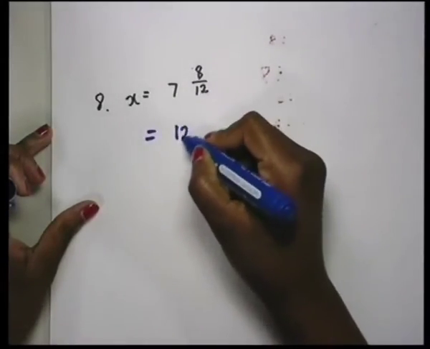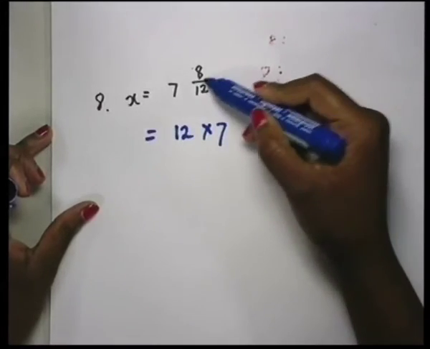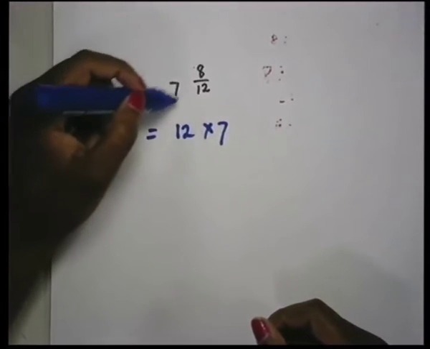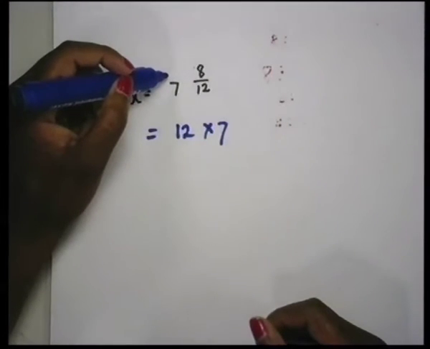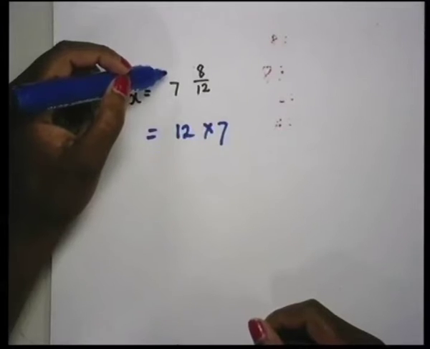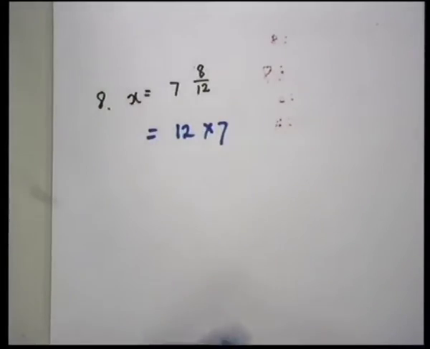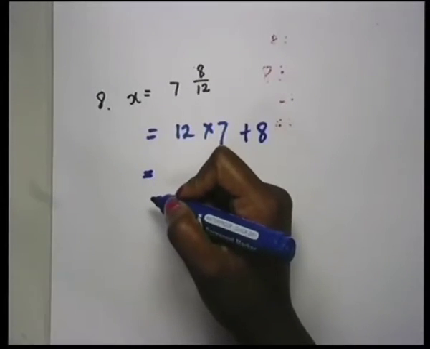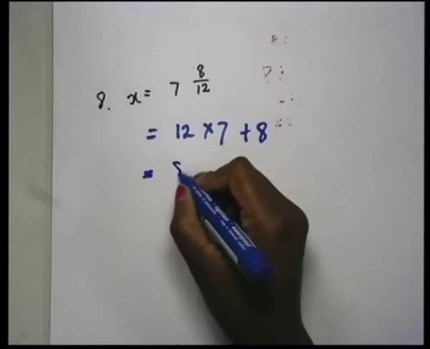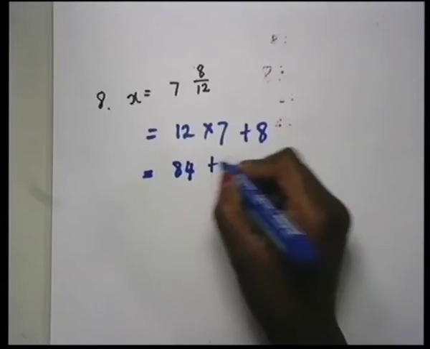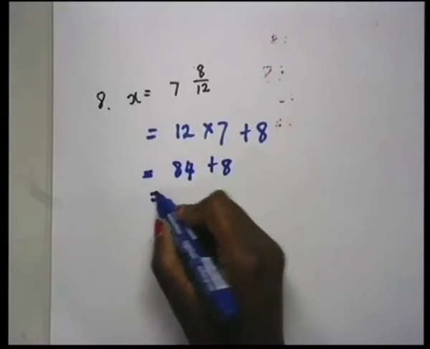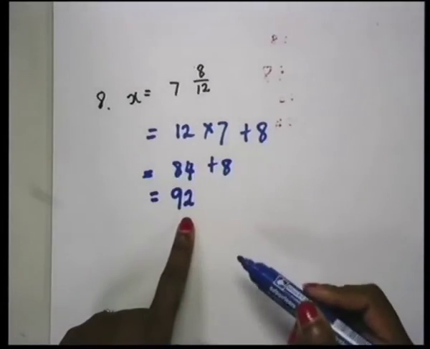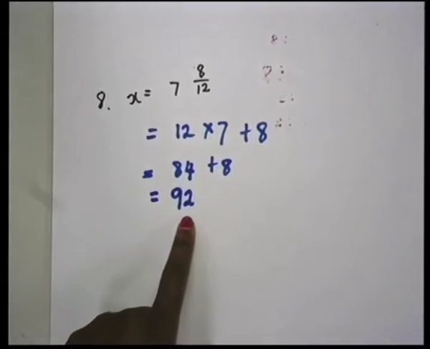We are going to take 12 times 7, and then we are going to add 8. Twelve times 7 is equal to 84, plus 8 is equal to 92, because by this whole calculation in blue we are trying to compute what the numerator is.